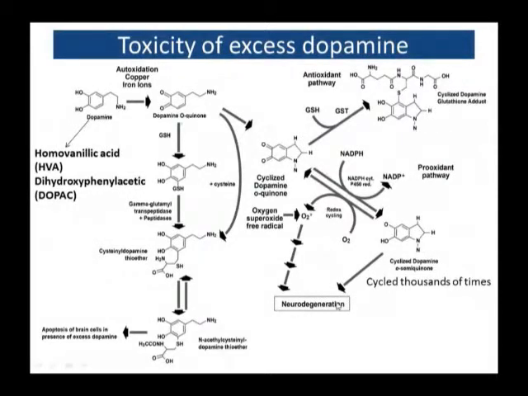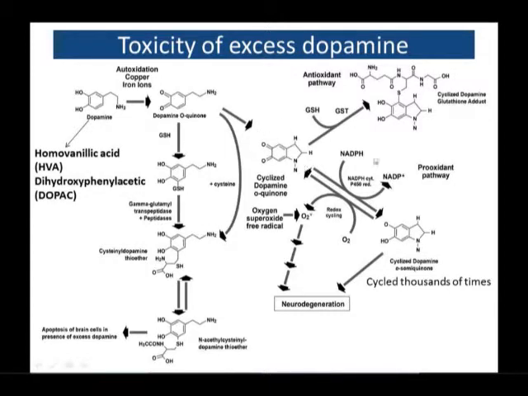So what happens when we have excess dopamine? Why is that such a problem? This is a very complicated slide, a lot of stuff going on here. But the gist of it is this. When we get an excess production of dopamine, that dopamine can spill over to create toxic compounds.